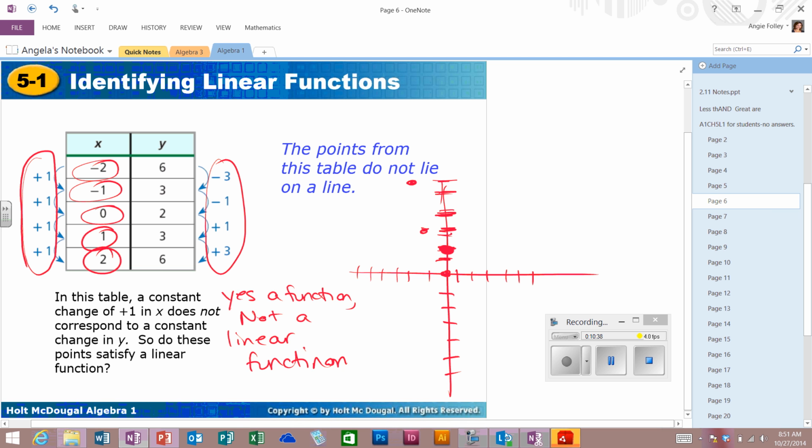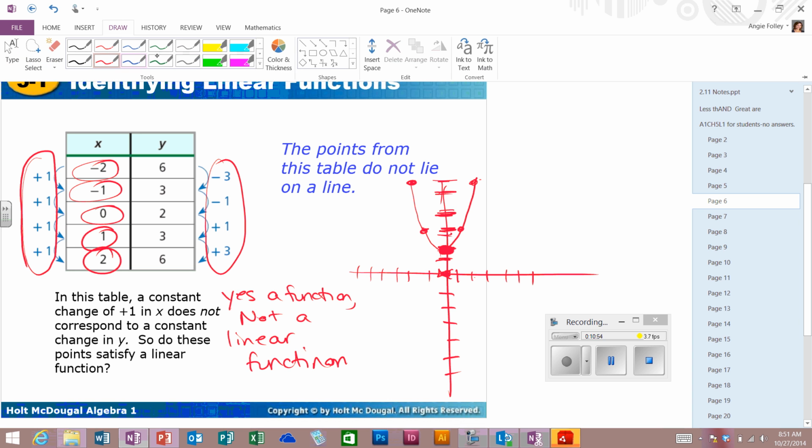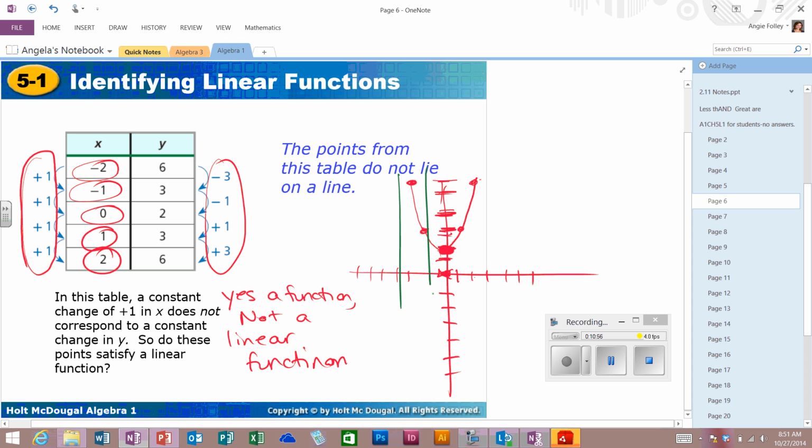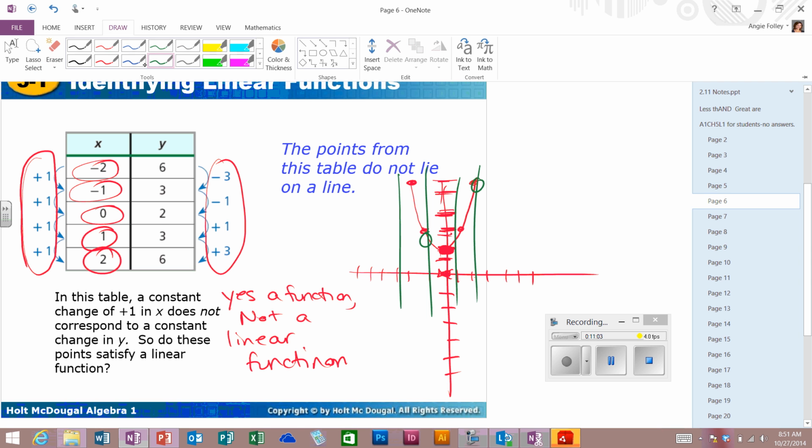Sorry, I should go up there. Ignore this one. Over 1 up 3, and over 2 up 6, I get one of those curved little U things. So it is a function because it passes that vertical line test I was talking about, meaning only one x value at every point, but it's not a linear function, okay?